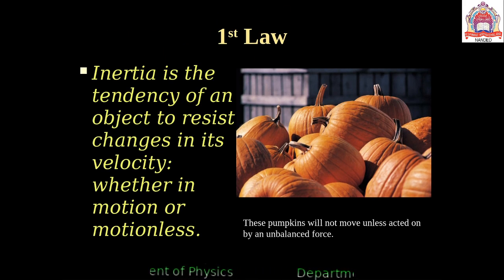These pumpkins will not move unless acted on by an unbalanced force. If you are not picking them up, the rest position is there. So inertia is the tendency of an object to resist changes in its velocity, whether in motion or motionless.